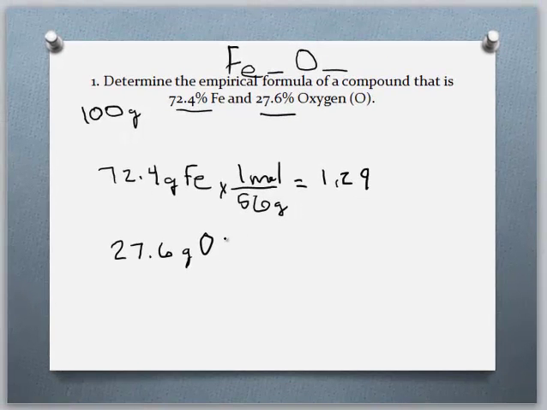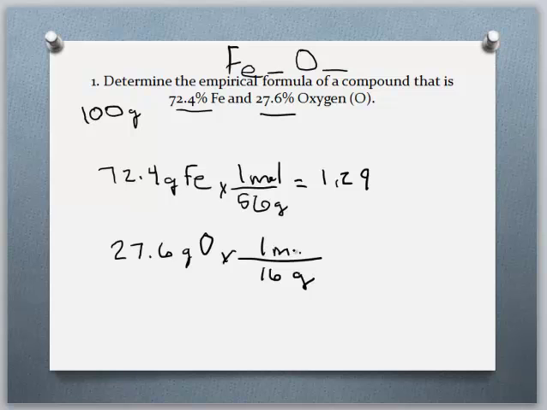We're going to convert this to moles. 16 grams of oxygen per mole. And again, we're finding formulas, so we're not going to use the diatomic form. We're simply using the singular form or elemental form. So 27.6 divided by 16 gives us 1.725.